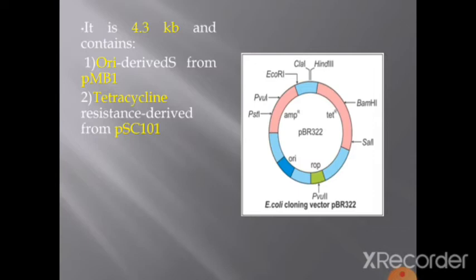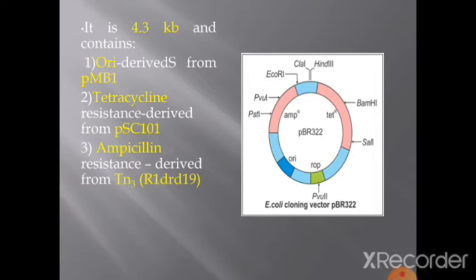Students, I have already told you none of the vectors exist naturally. You have to pick up different elements from different sources and design the vector of your choice. So the ORI is derived from pMB1. Then tetracycline resistance is derived from pSC101. Then the ampicillin resistance gene, which is right opposite to the tetracycline resistance gene, is derived from Tn3.